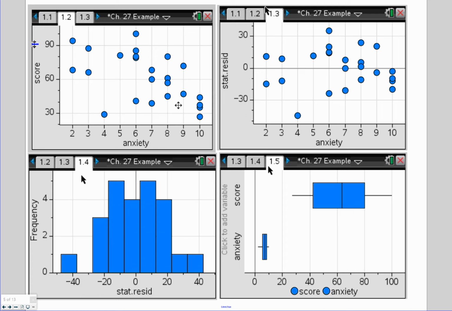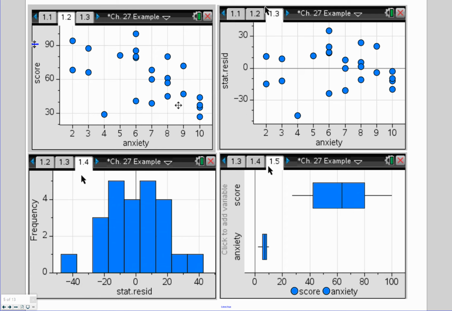So: negative, moderate linear relationship between anxiety level and test score. Do you remember that statement? That's coming back, guys. It's going to hit you real hard pretty soon.